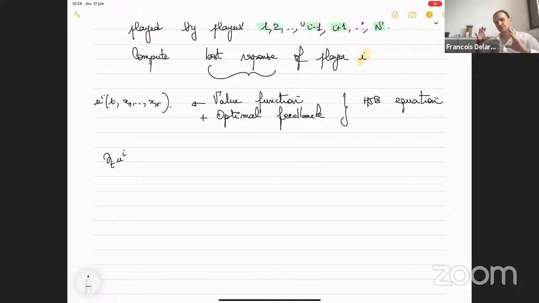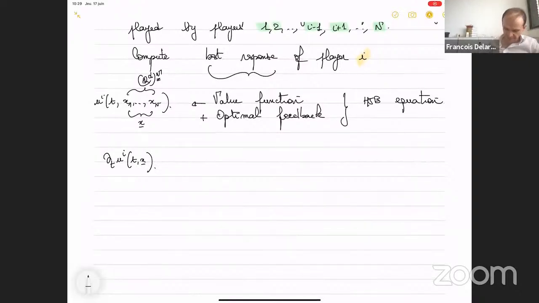So x1 is the initial state of player one, x2 is the initial state of player two, and so on. So here, this is an element of R^d to the N. Okay, and to simplify the notation, I'm going to denote this by x underline. So really my PDE will be a PDE depending on t and x underline.